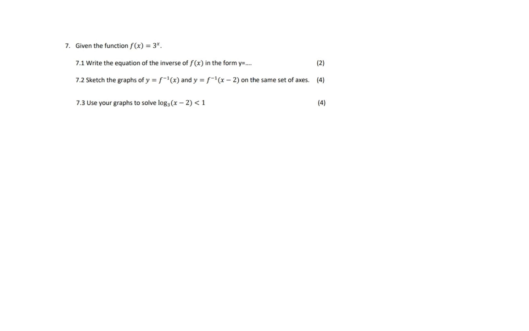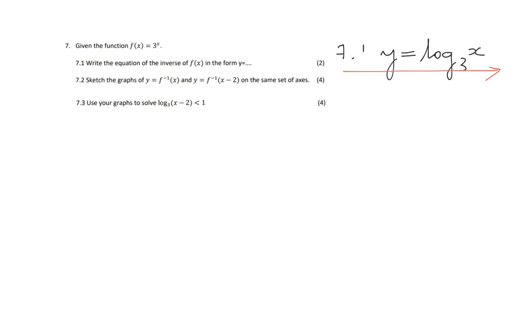Question 1, write the equation of the inverse of f in the form y equals. So in this example, it's very easy. Once again, the inverse of an exponent will be a logarithmic function with a base 3 of x. That's our answer for question 7.1.